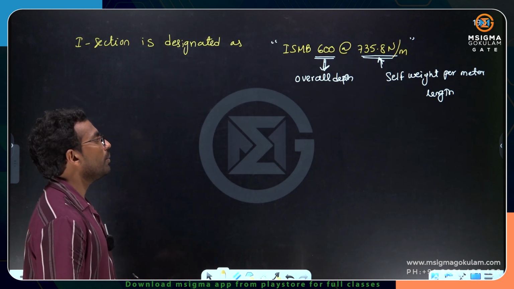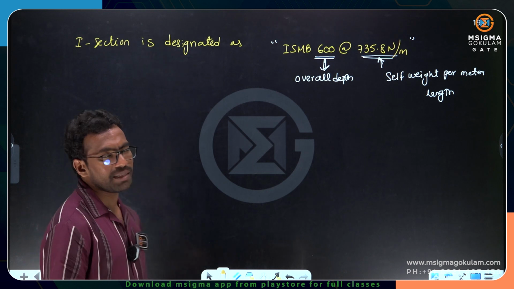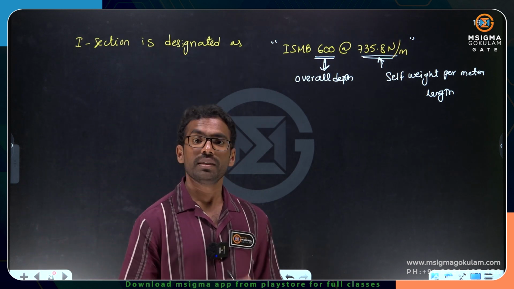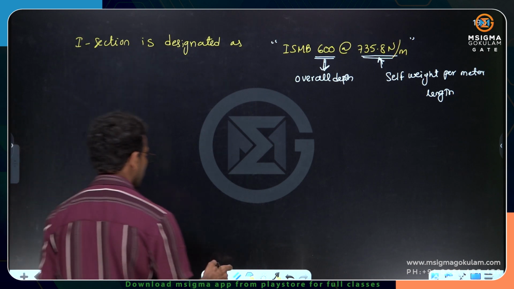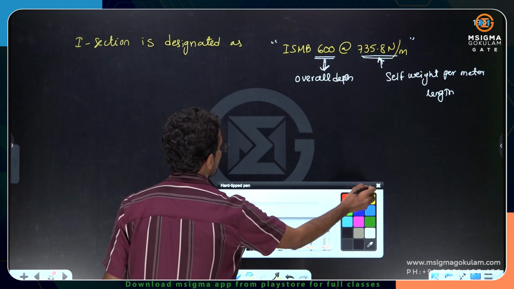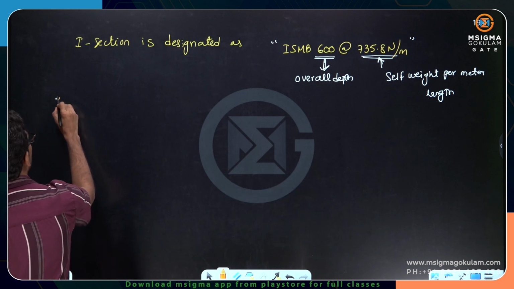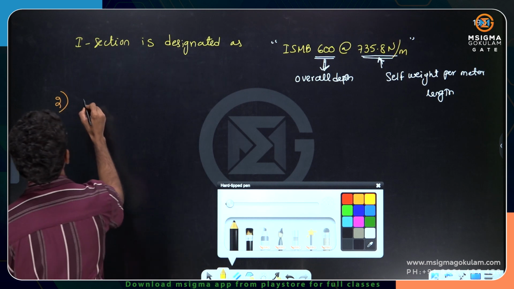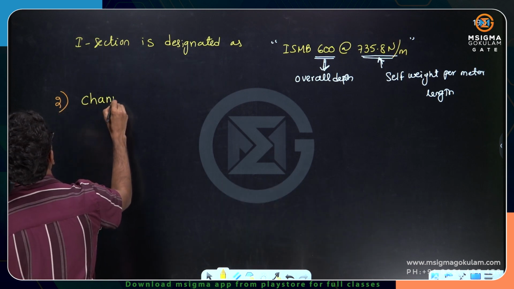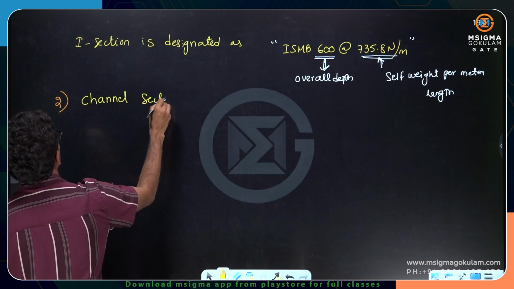Now come to the second type of section, which is called the channel section. The I section is very important, that's why I talked this much about it. Now let us move forward to the channel section.